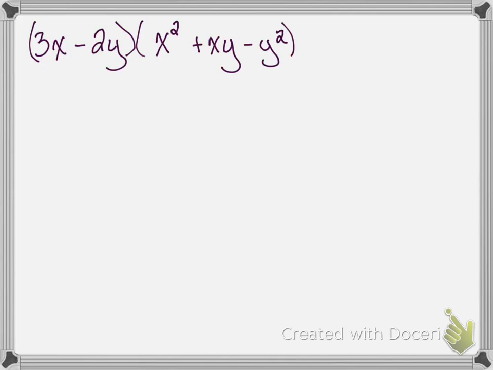This one we have coefficients in front of our x and our y, and we have an x and a y. So we've got to kind of go through that. So I'm going to do it the same way. And for this one, I would encourage you to write out this step. Okay? I have 3x times x squared.